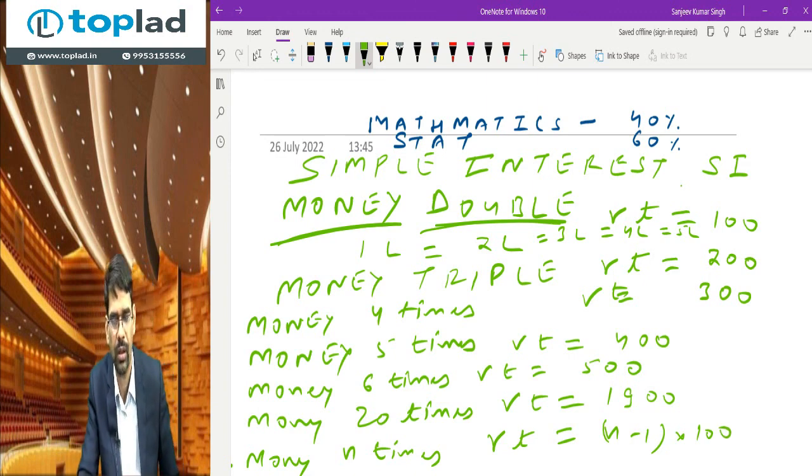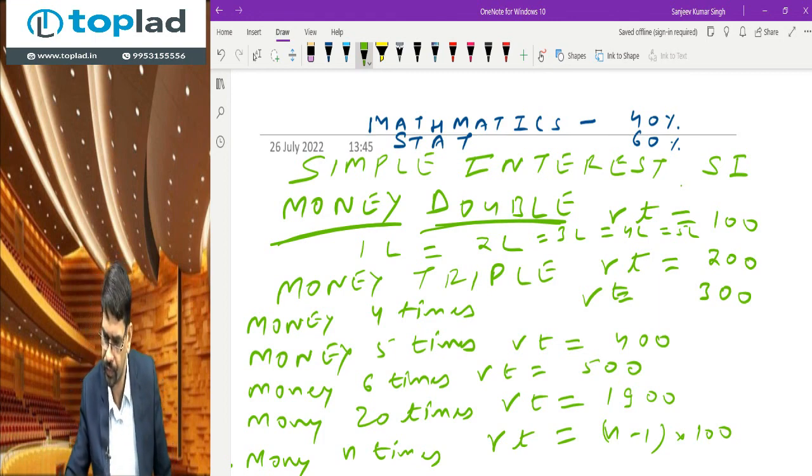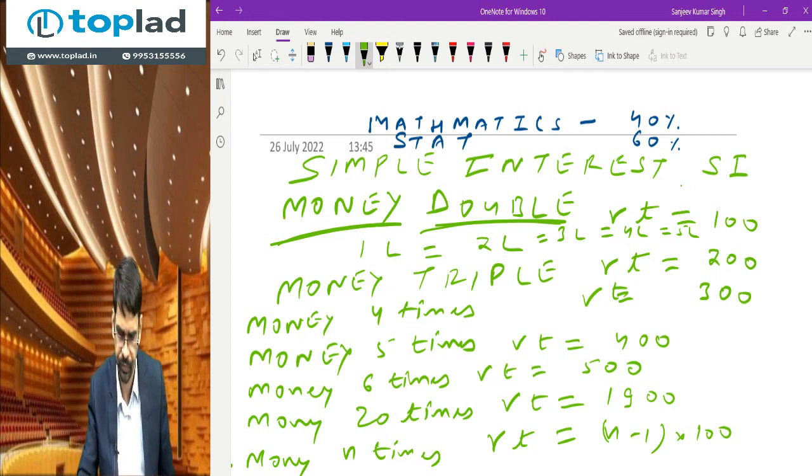This is a very, very important concept I have discussed today. Please note down. I wrote triple, 4 times, 5 times, 6 times, 20 times, n times, just so you remember this formula.